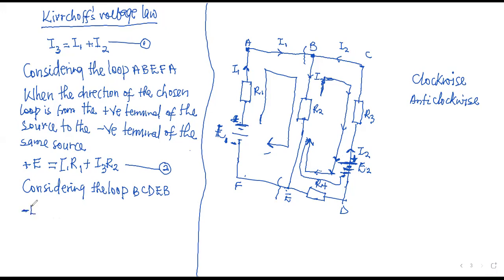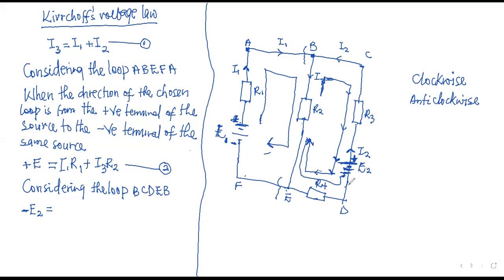So minus E2 must be equal to... Now look at the current flowing through the batteries. We are moving clockwise. So let's follow the direction of this.